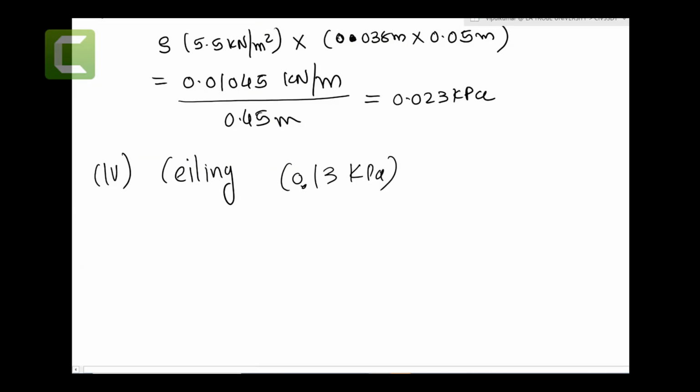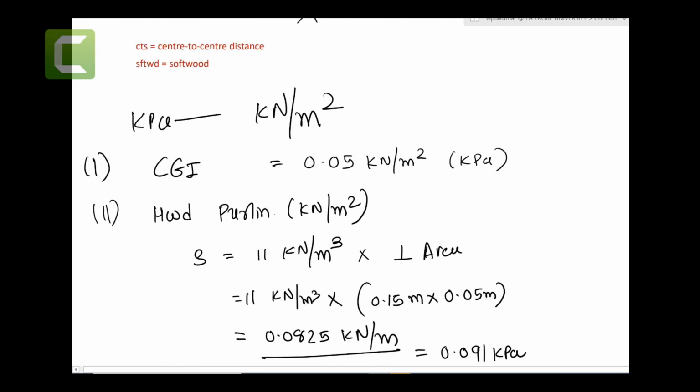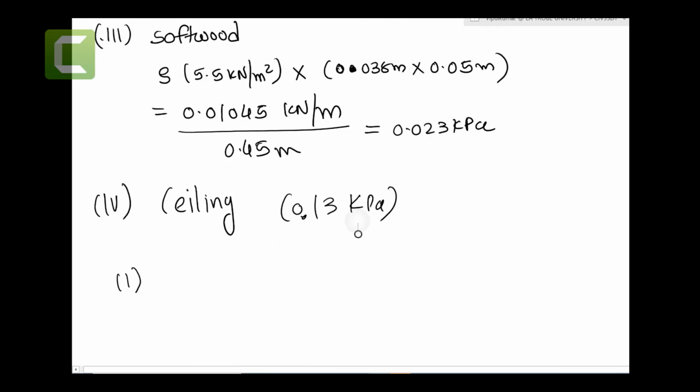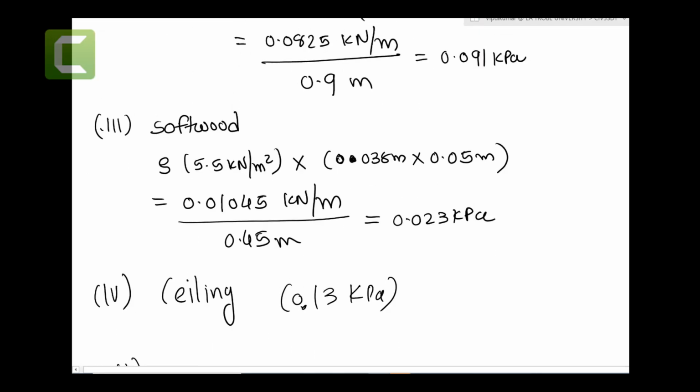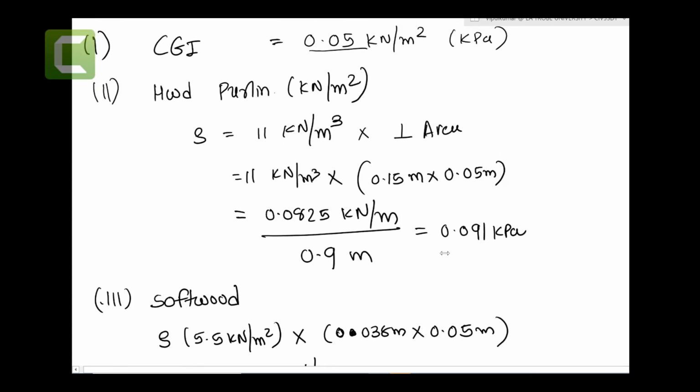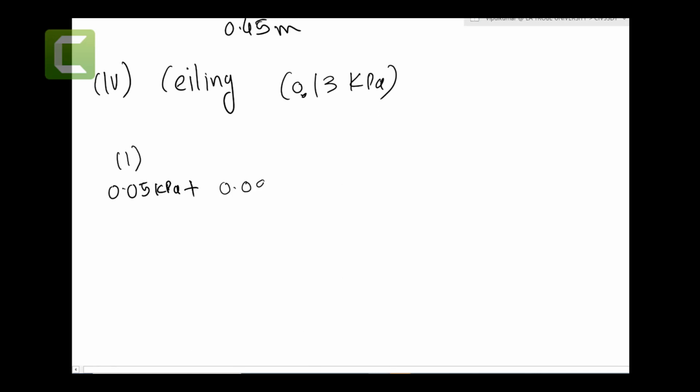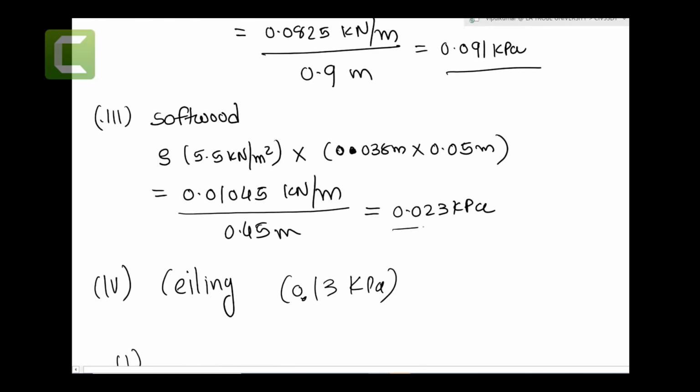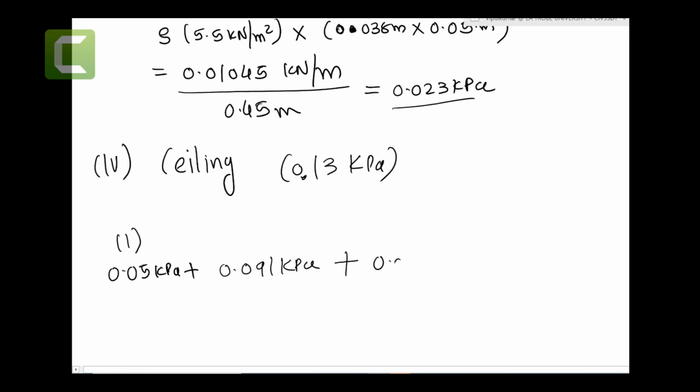Now we will add them all up. The first one is your 0.05 kilopascals, which is your sheeting. Then hardwood 0.091, plus softwood 0.023, and plus this ceiling plasterboard kilopascal.